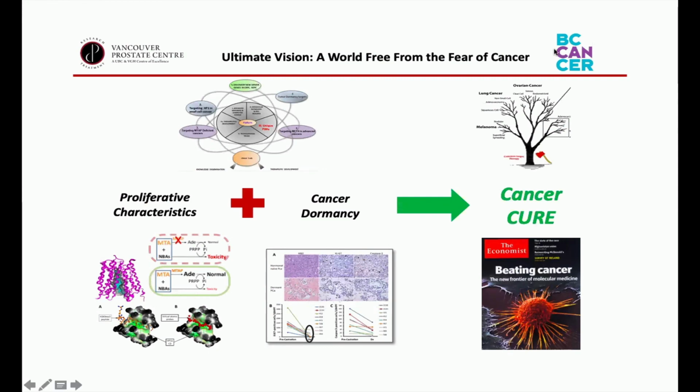Given that, this comes to the final slide I want to share with you. Overall, we know how to deal with proliferative, aggressive cancer. Chemotherapy, radiation therapy, and most targeted therapy all try to deal with active proliferative cancer, but pretty often leave the dormant cancer behind.